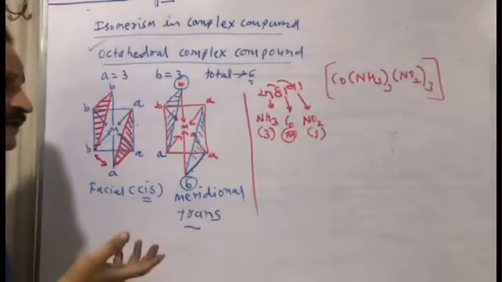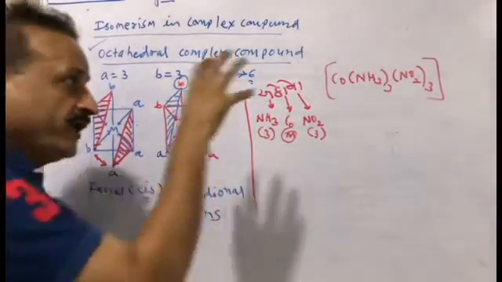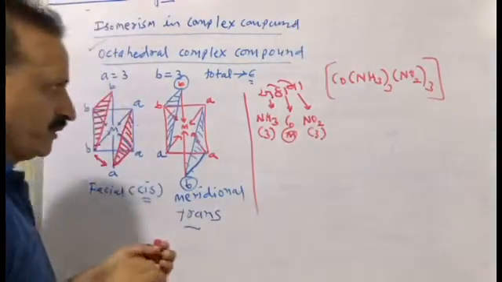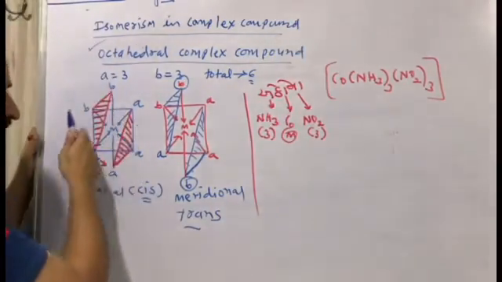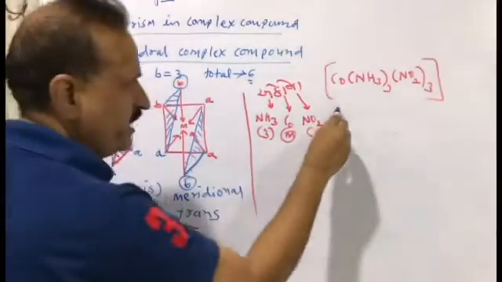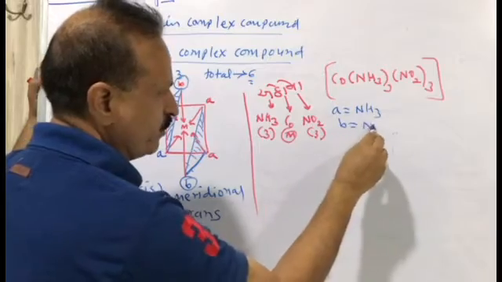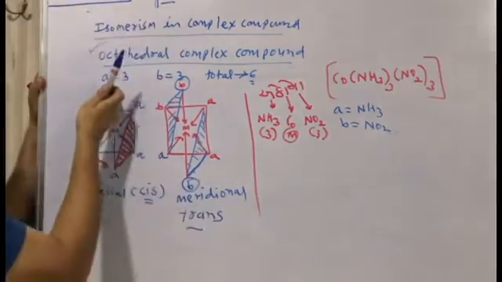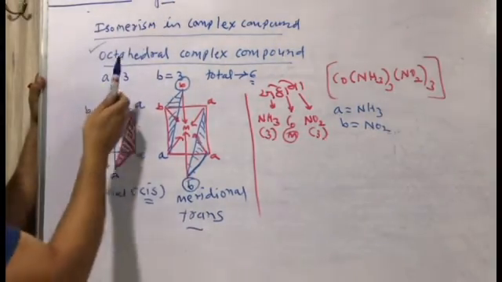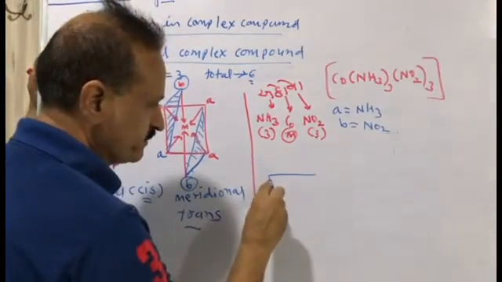Now we will draw the facial and the meridional structures of this complex compound. First, the facial. Taking A as ammonia and B as nitro, we will place nitro in place of B and ammonia in place of A, and the structure will be this.